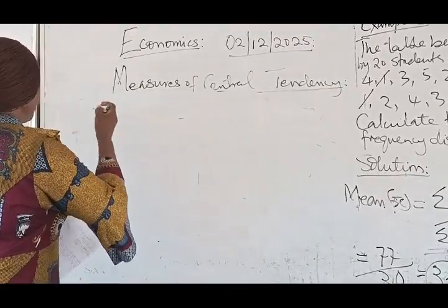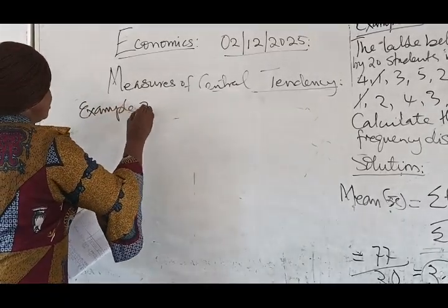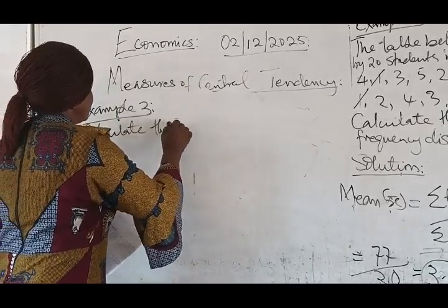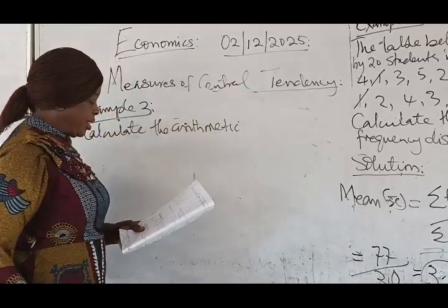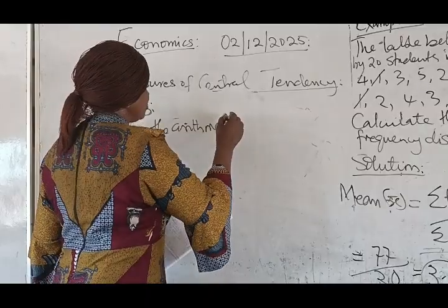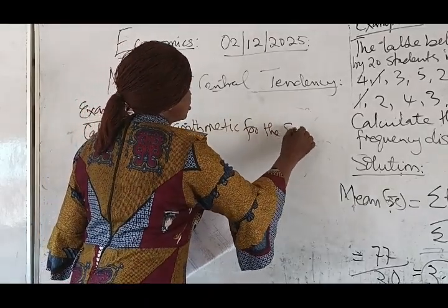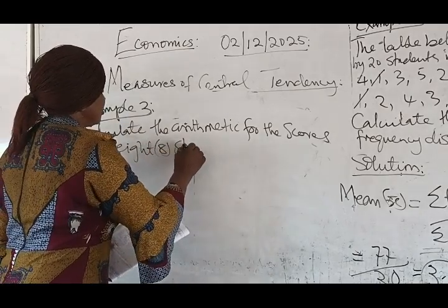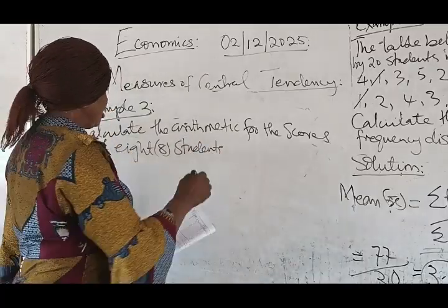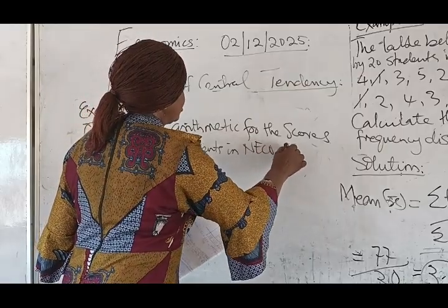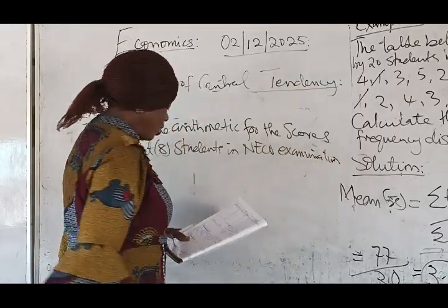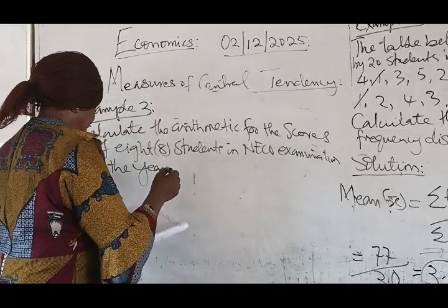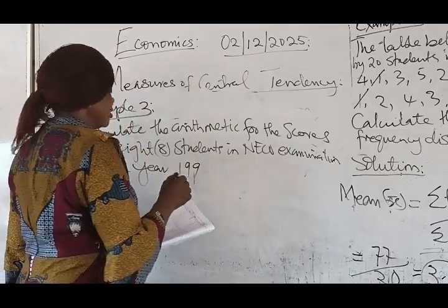Let's say example 3. Calculate the arithmetic mean for the scores of 8 students in NECO examination in the year 1998.